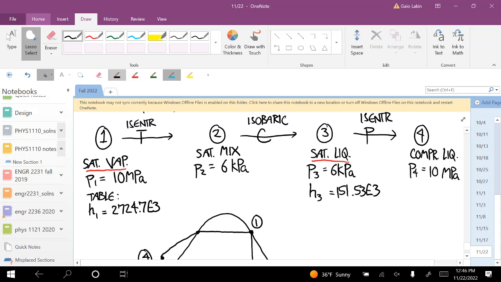Well, from state 1, we can look up the specific entropy. So just look that up. It's 5.6141 times 10 to the third. And since the process from state 1 to state 2 is isentropic, that's also the specific entropy at state 2.